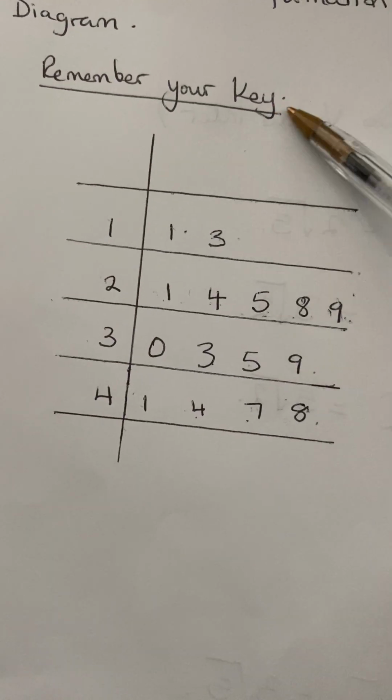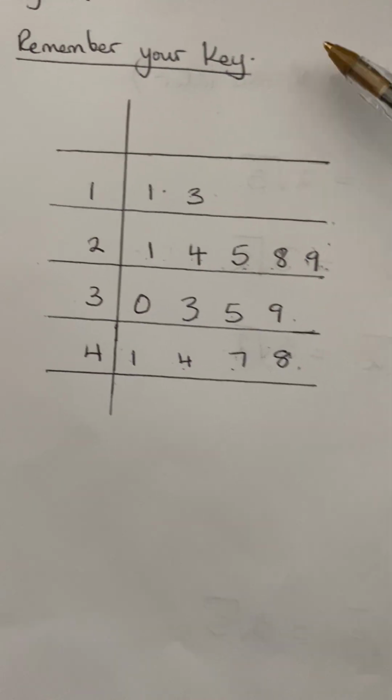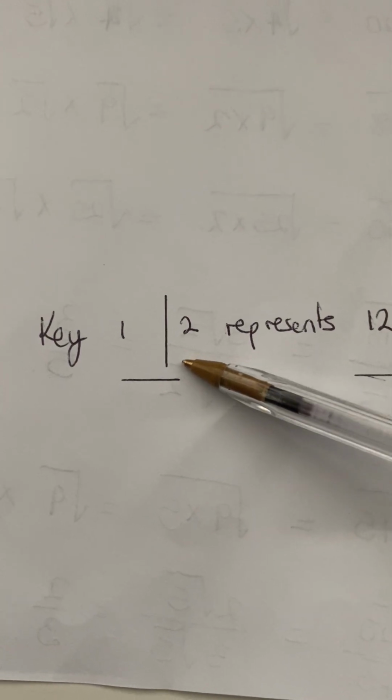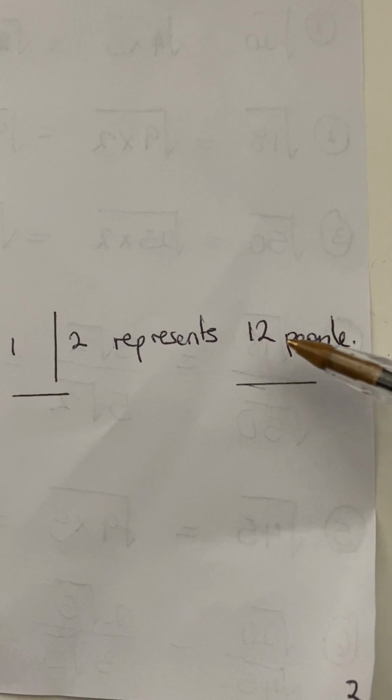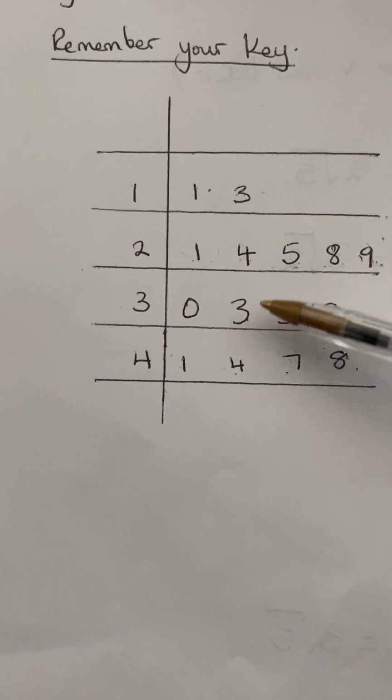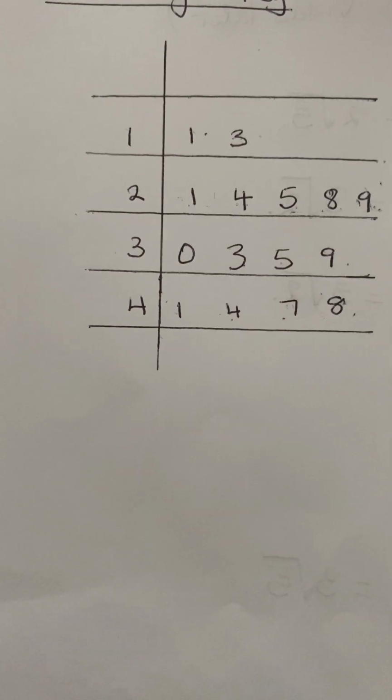Now you need to put a key. Here my key is 1 | 2 represents 12. As I've just read it to you, this is ordered.